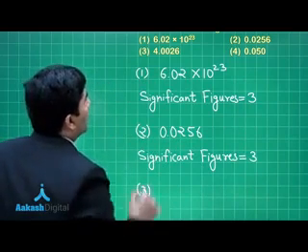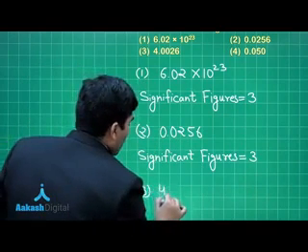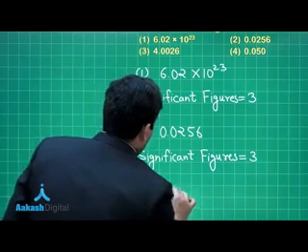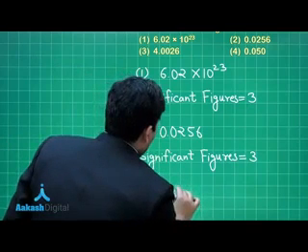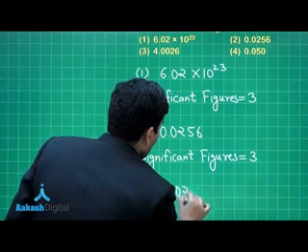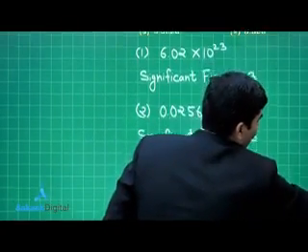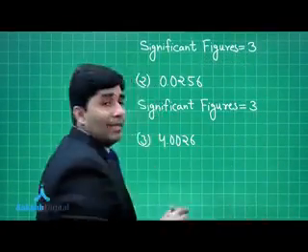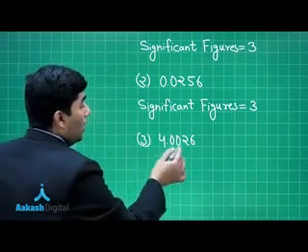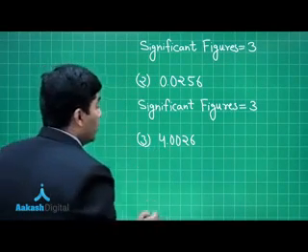Third option, that is 4.0026. So again here we can see that zeros are in between non-zero digits.